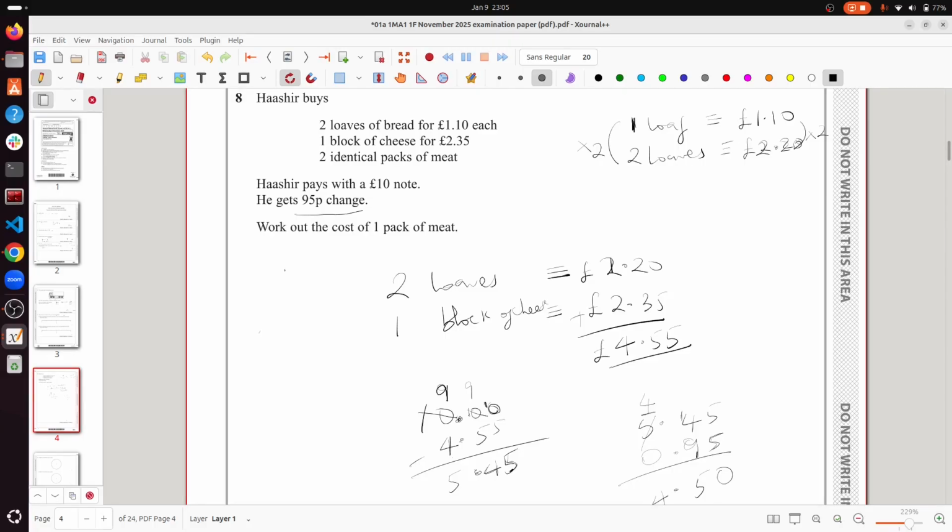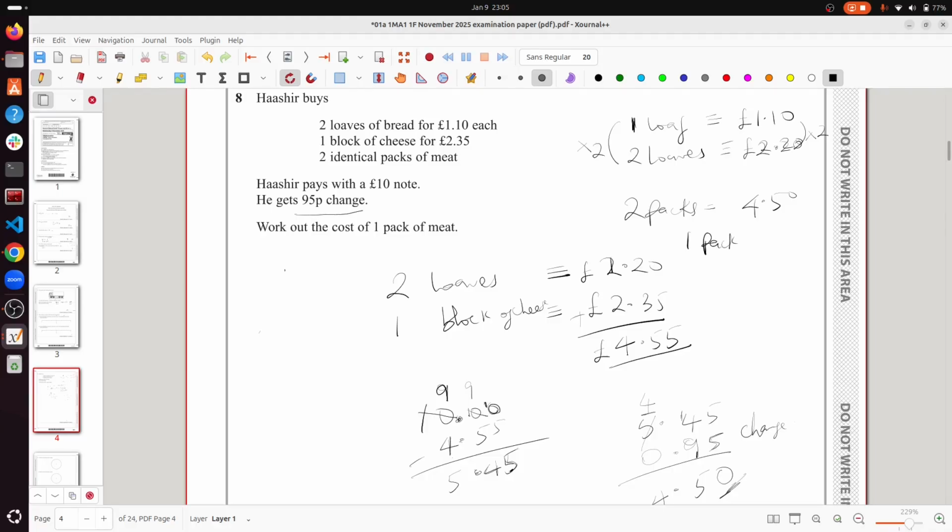So that means this was for the change he had. That means all of this is left for the 2 packs of meat, which should cost him £4.50.